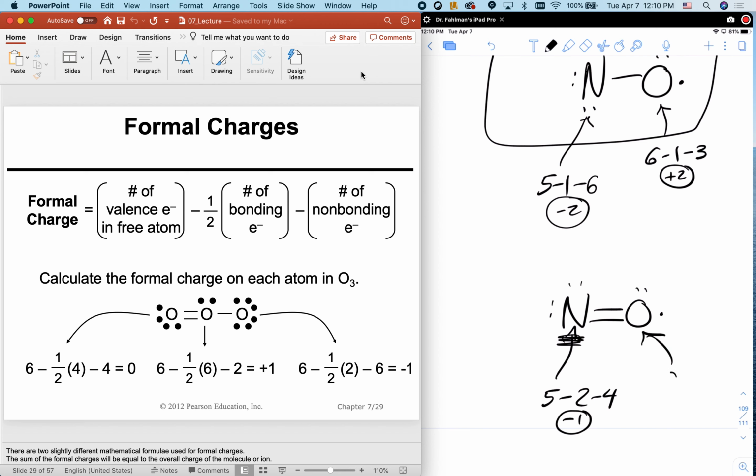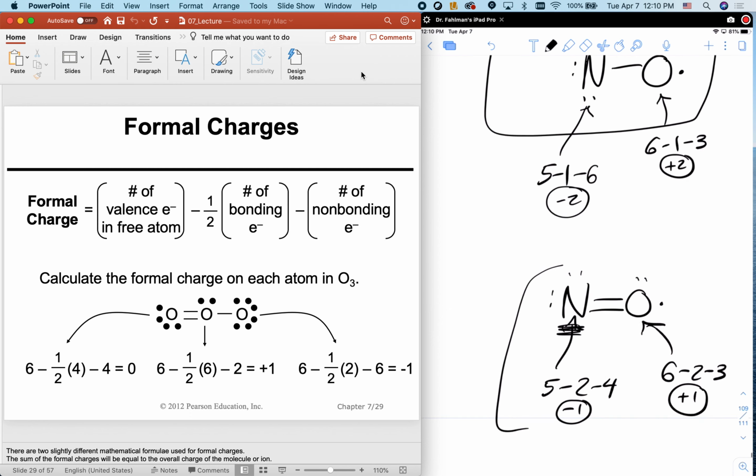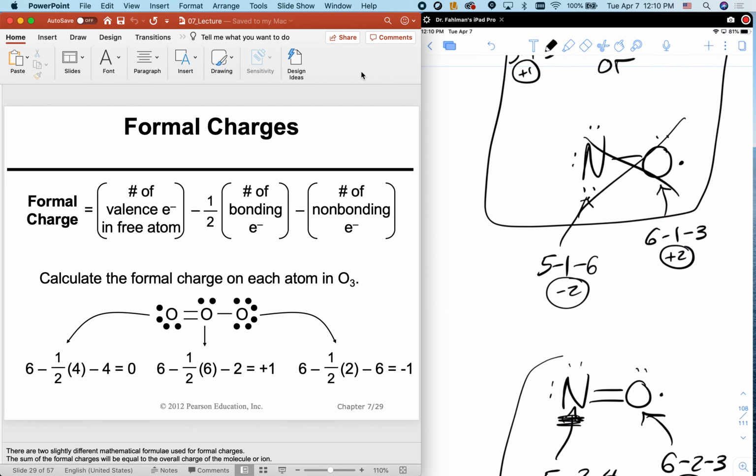And then this oxygen is going to be 6 minus 2, and then 3, so that's going to be a plus 1. Looking at these 2 possibilities, this is kind of the more realistic one, versus this one, which is just not going to happen because formal charges are too high.